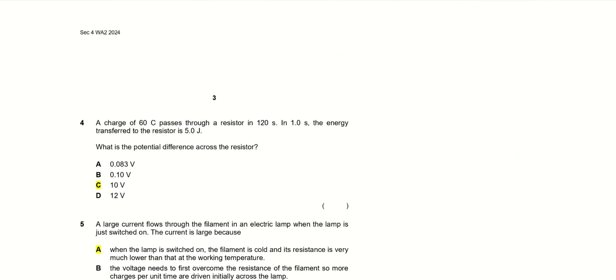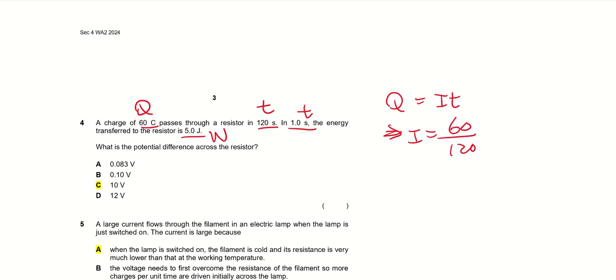Question 4. A charge of 60 coulombs passes through a resistor in 120 seconds. So this is the Q and this is T. Second statement, in 1 second, the energy transferred to the resistor is 5 joules. So this is my W, this is my T. For the first statement, if I have Q and T, I can calculate my I to be 60 over 120 equals 0.50 ampere.